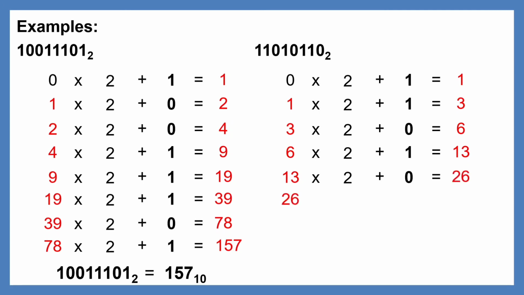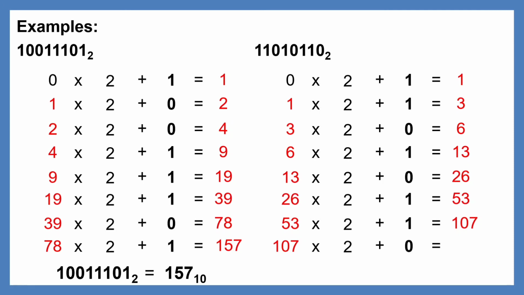And then 26 times 2 plus 1 will have 53. And then we have 53 times 2 plus 1, we will have 107. And then the last bit, 107 times 2 plus 0, we will have 214. So 11010110 base 2 is equal to 214 base 10.